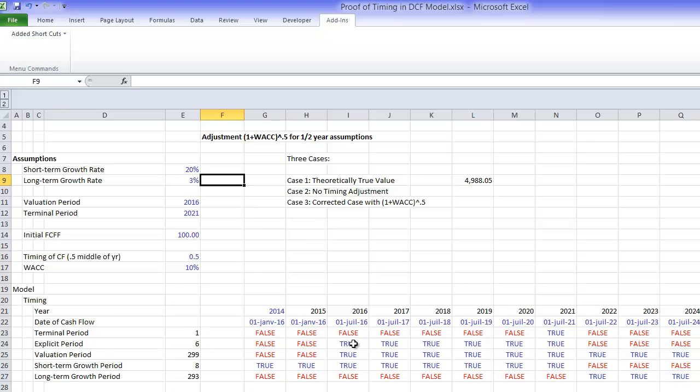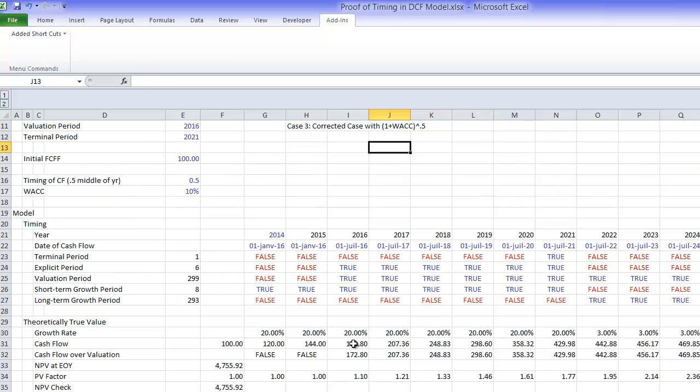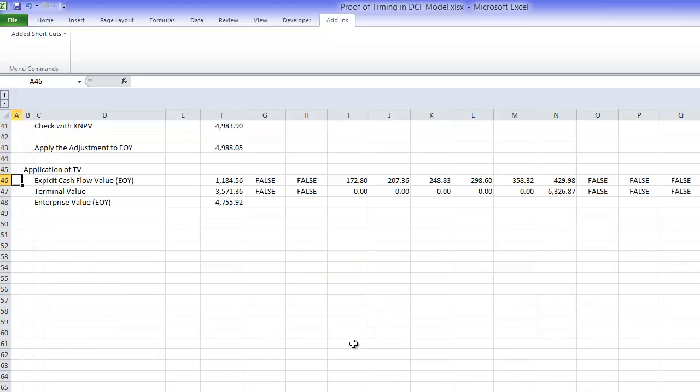So this is with no timing adjustments. And then the final thing we'll just do is include a timing adjustment, which is 1 plus the WACC raised to the 0.5 power.